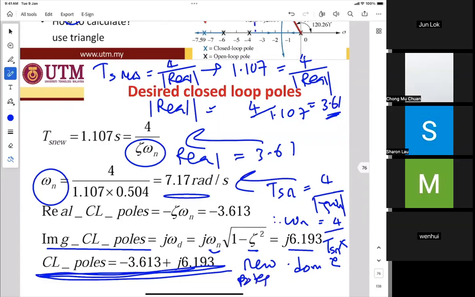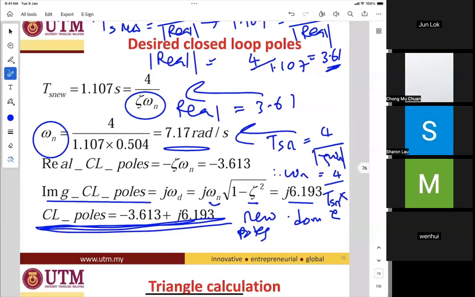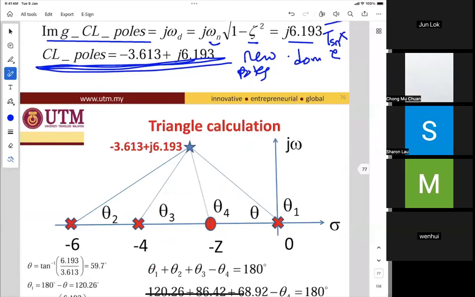The new dominant poles, to achieve 3-4 reduction in settling time. Once you get the new dominant poles, you plot them on the graph or piece of paper as the test point, and then you make a straight line from -6 to the new dominant pole, -4 to the new dominant pole, 0 to the new dominant pole, and then you locate -z anywhere on the real axis.